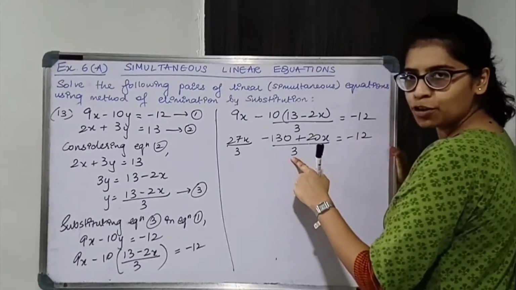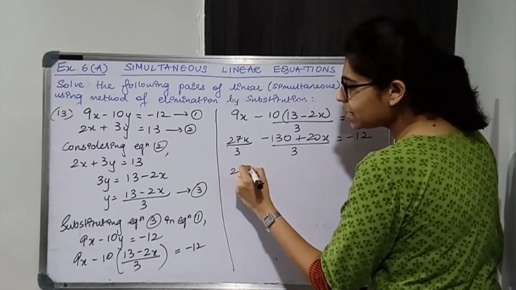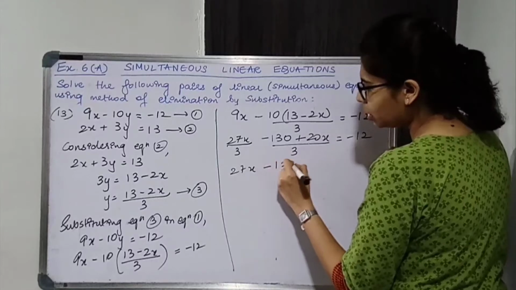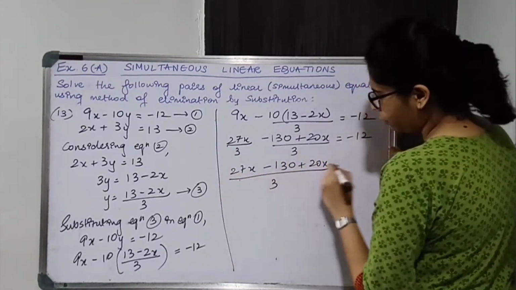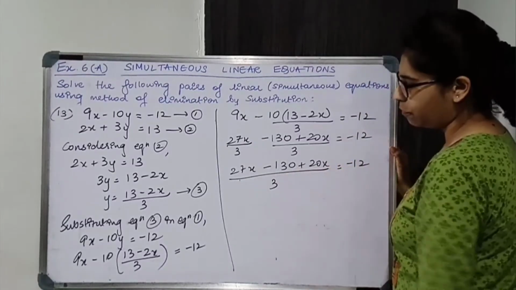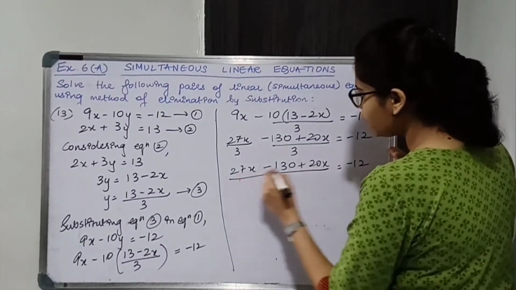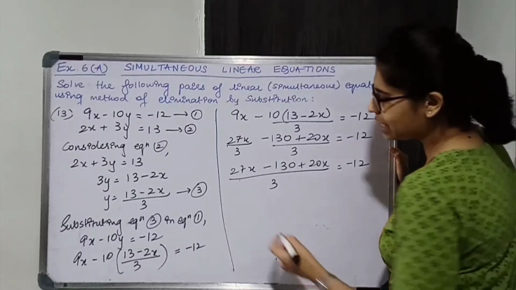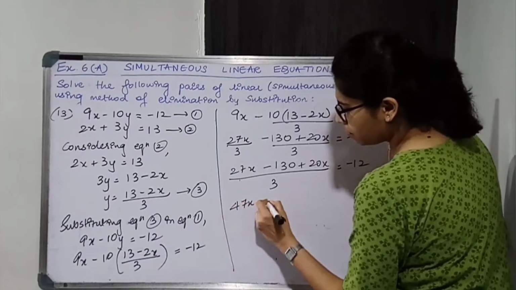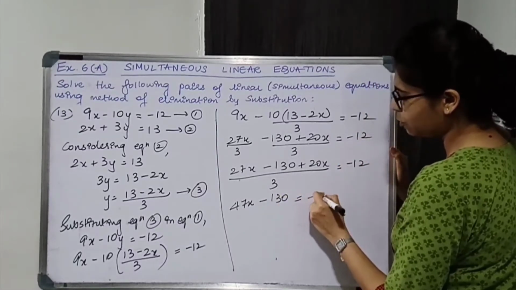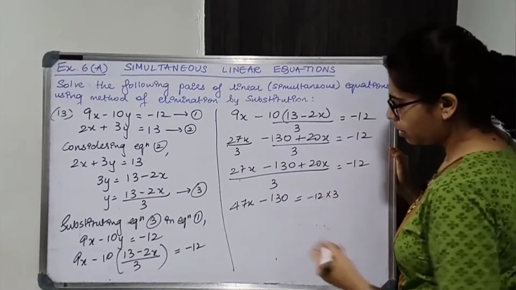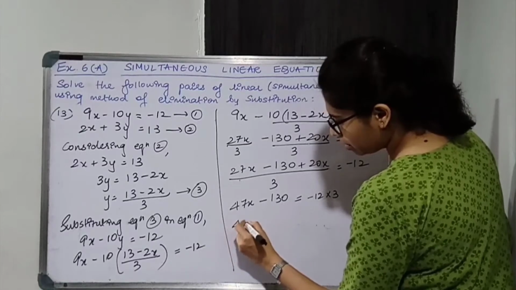I can take common denominator, so 27x minus 130 plus 20x, the whole thing upon 3 is equal to minus 12. So 27x plus 20x gives 47x minus 130, shifting 3 on the other side, minus 12 into 3. Okay, that will give minus 36.